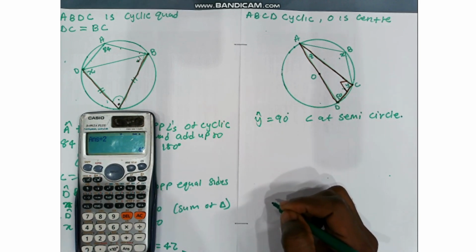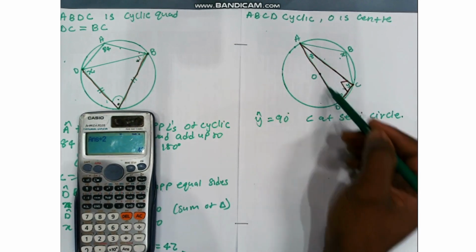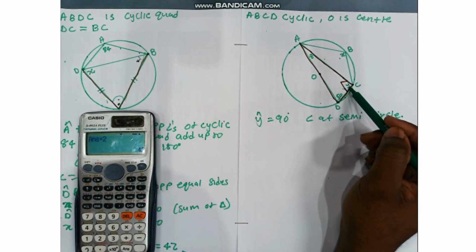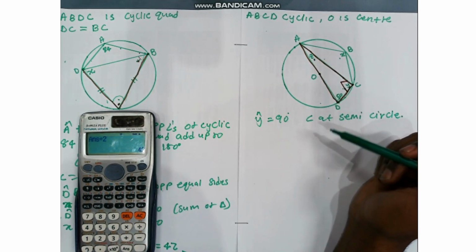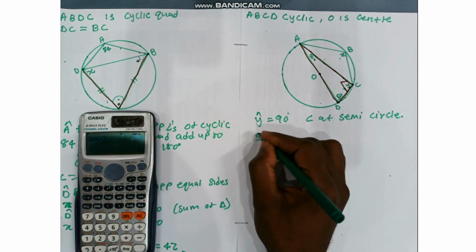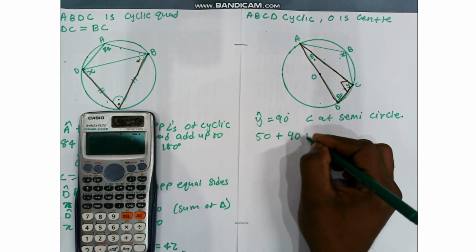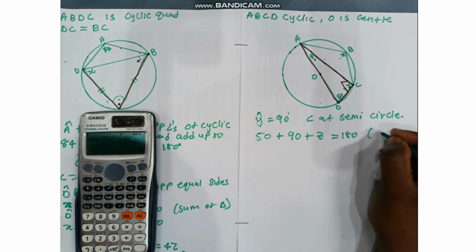Easy, just like that. If now we know that this is a triangle, we know 50, we know our y now it's 90. Now we can find our z by using the sum of the triangle. 50 plus 90 plus z is just equal to 180.